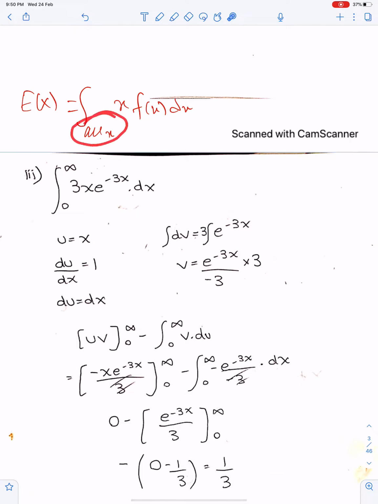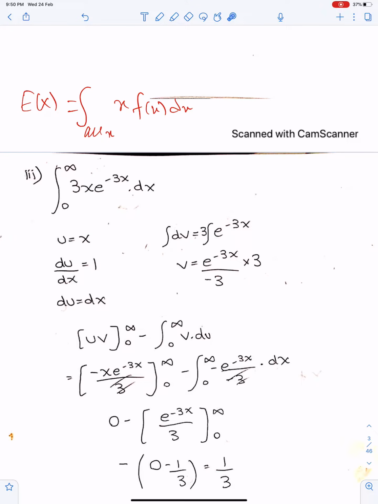Well, all x means lower limit and upper limit. The lower limit is 0 and upper limit is infinite, but this is very important. This is integration by parts, product of different functions. Make sure you should be good at integration to solve the questions of this chapter. Well, you can take x as u, and v is 3e minus 3x.